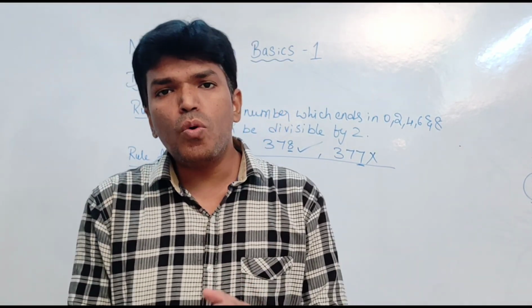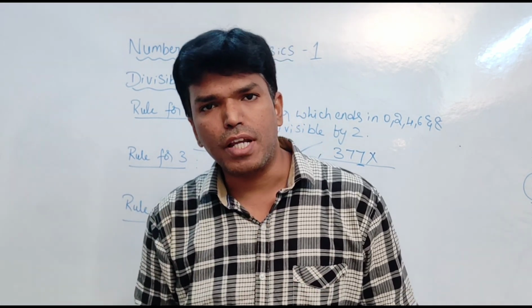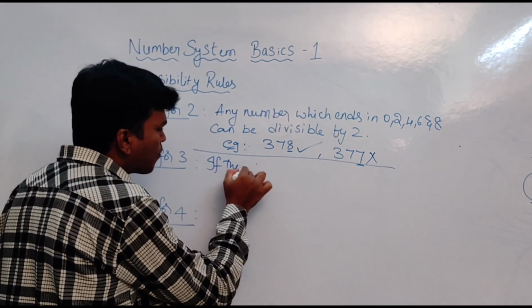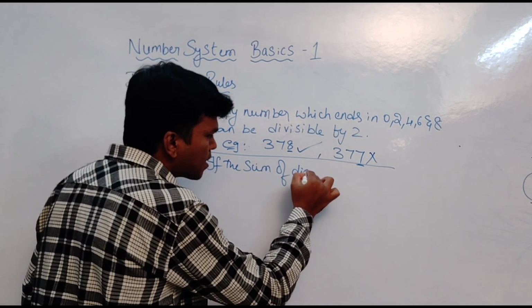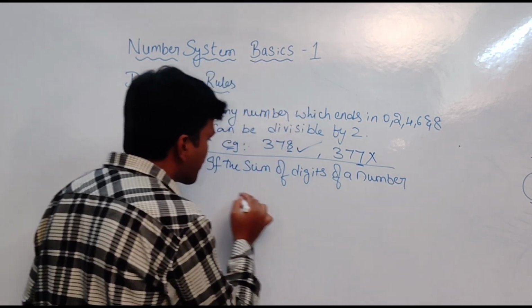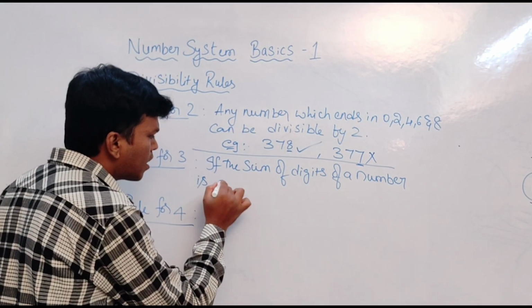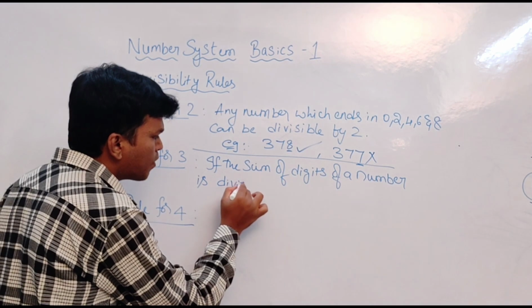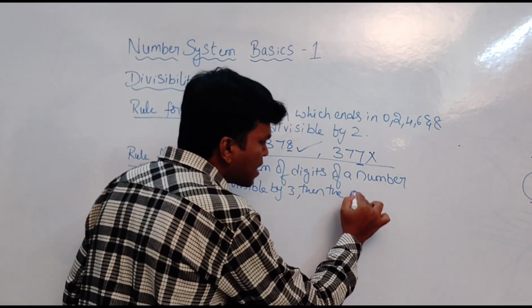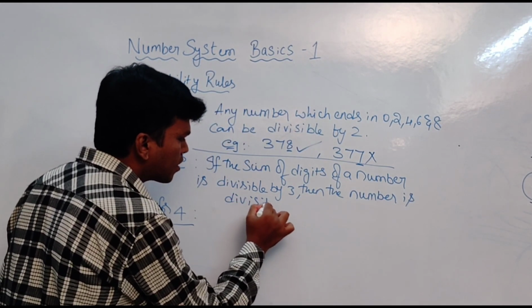If the sum of the digits of a number is divisible by 3, then the number is divisible by 3.